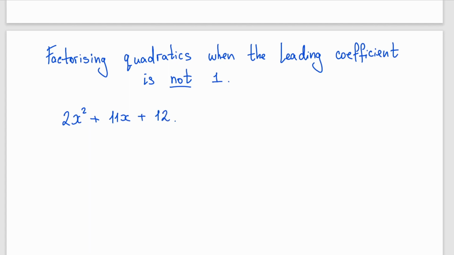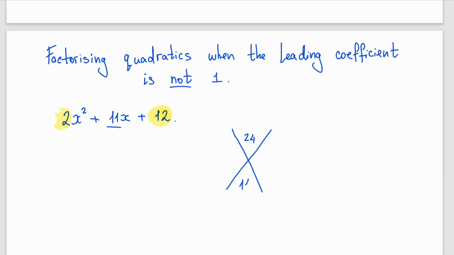What I'm going to do here is to draw an X or a cross somewhere on the side, and then on top of this cross I will write a product of A and C. So basically I'll have to multiply the number next to x squared and just a number without any x or x squared. 2 times 12 is 24, and then at the bottom part of this cross I will just have to copy B, or the number next to x.